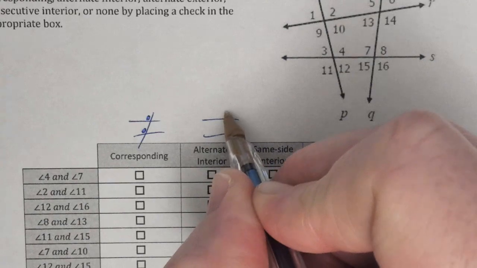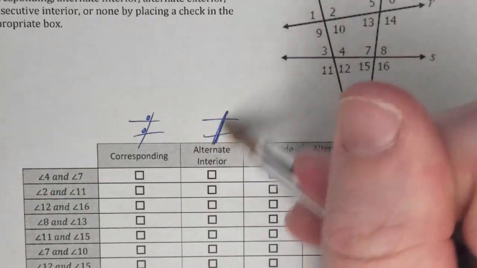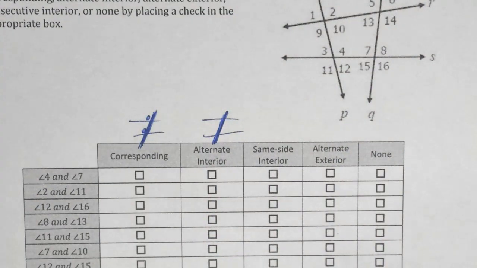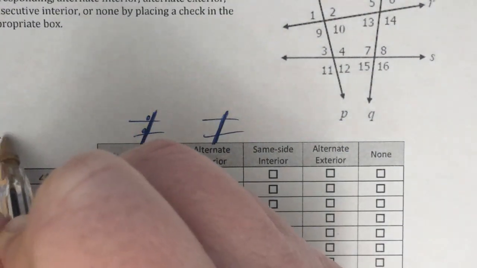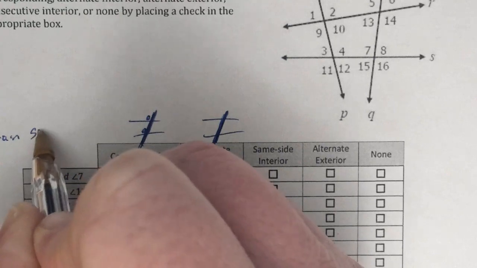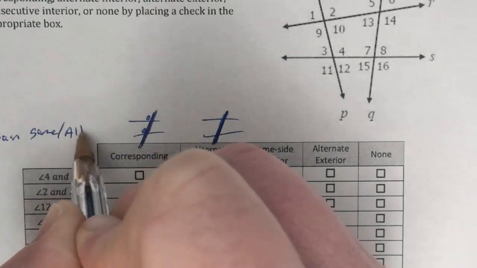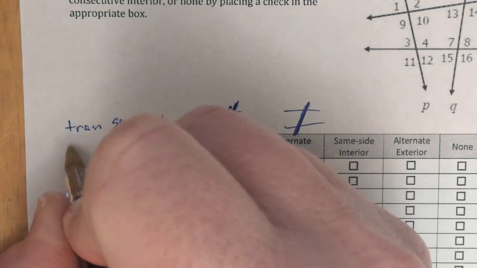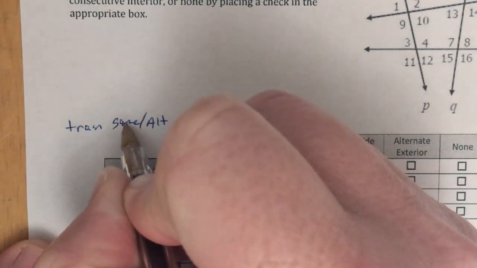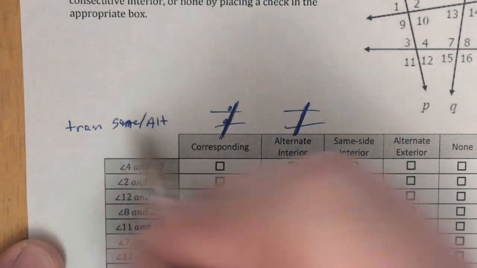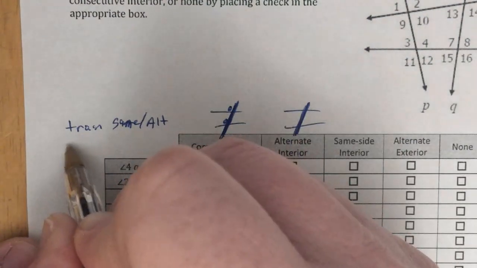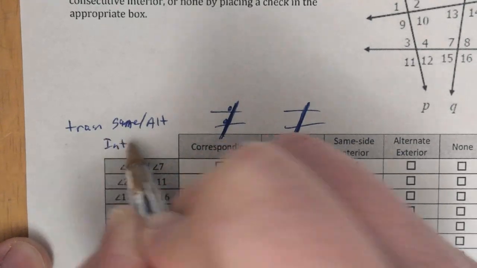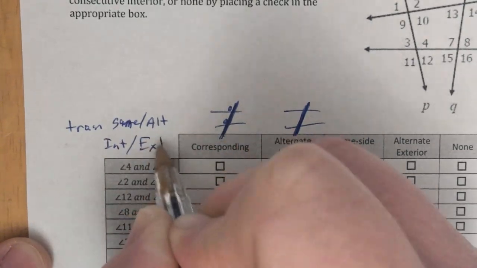Alternate interior. So the train. You want to see if you're on the same side or alternate sides. So on the train, are you on the same or alternate sides? And then you want to see, are you interior or exterior, right?